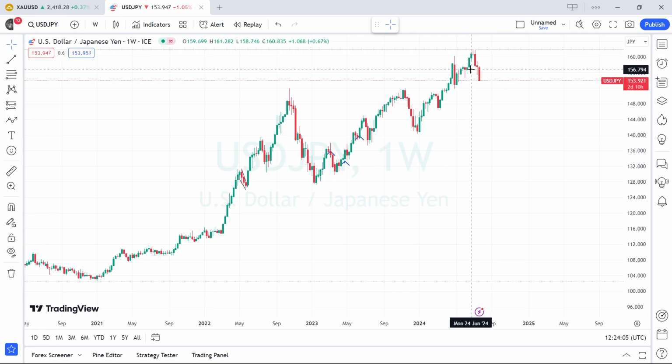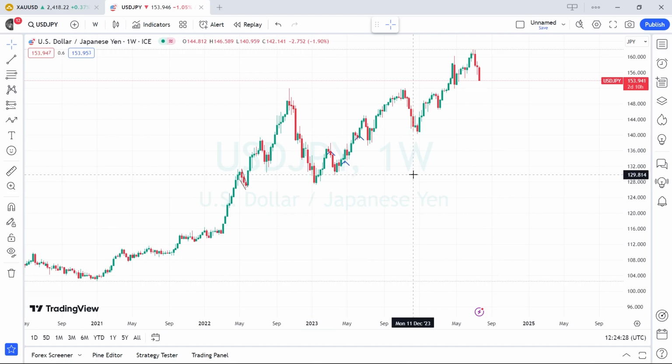Even ignoring all the other factors, the difference in rates alone is enough for such a trend to be so consistent because it's only going up. And this is a weekly chart, it's only going up. And yeah, the reason, the rate differential.